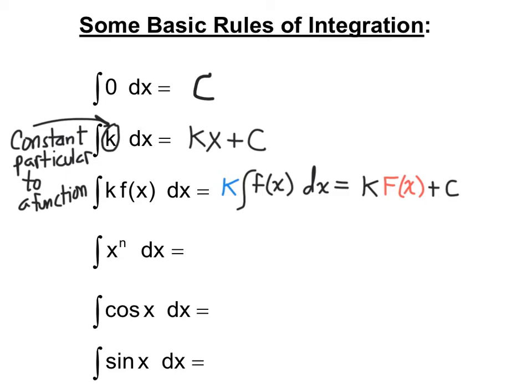That's if we were taking the derivative. But we want to take the antiderivative, so I want to do everything backwards. Originally, I'll just write it down. For derivatives: multiply the power by the coefficient, reduce the power by 1.